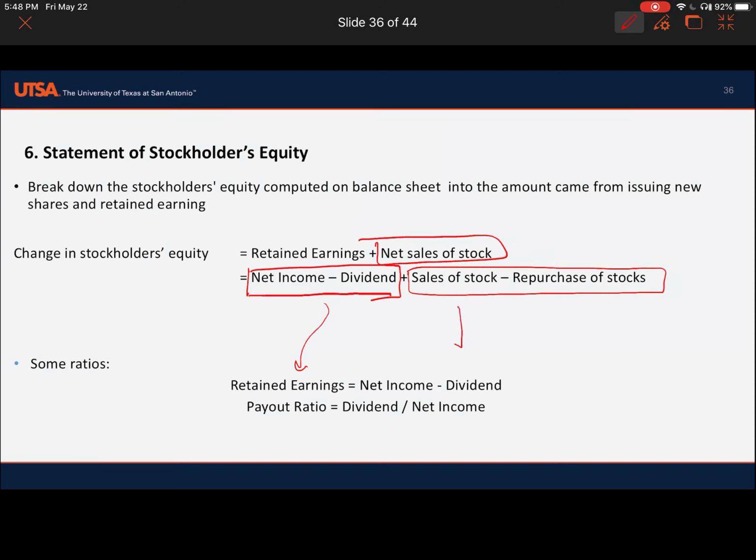The two of them is equal to change in stockholders' equity. So retained earnings is net income minus dividend, and payout ratio is dividend paid over net income.